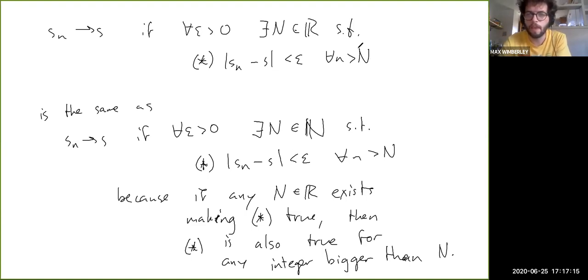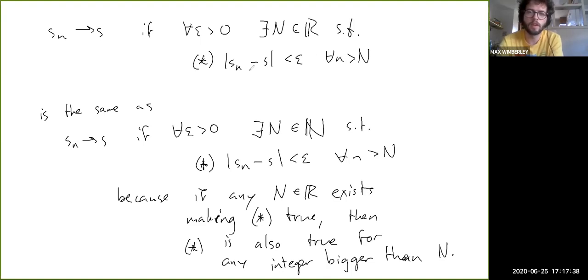Capital N is supposed to be the cutoff in the sequence, where after that point the sequence is close to the limit. If you can find a cutoff that's any real number at all, little n is only ever allowed to be an integer, because that's the index of the sequence.